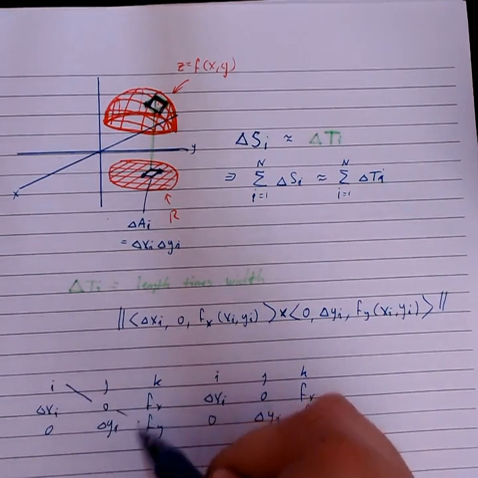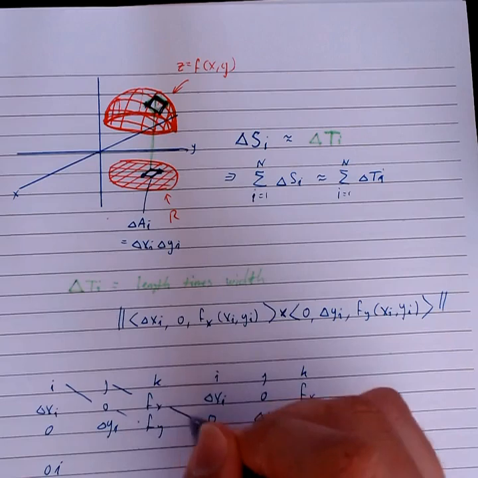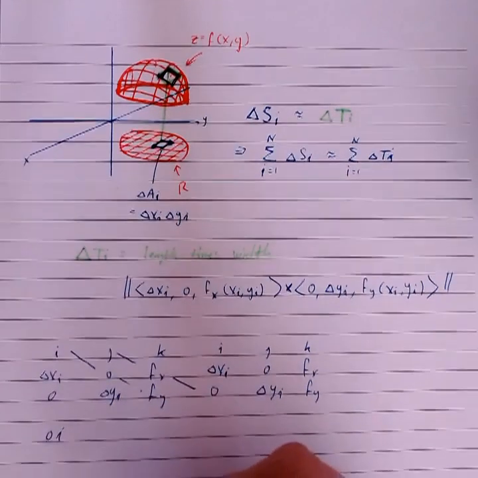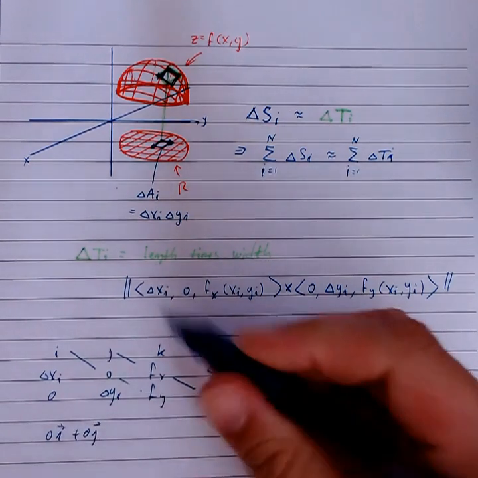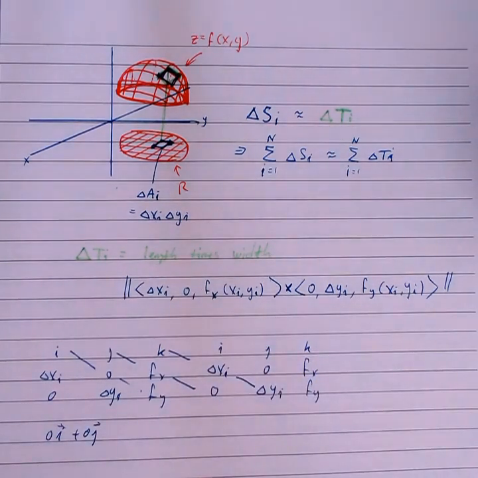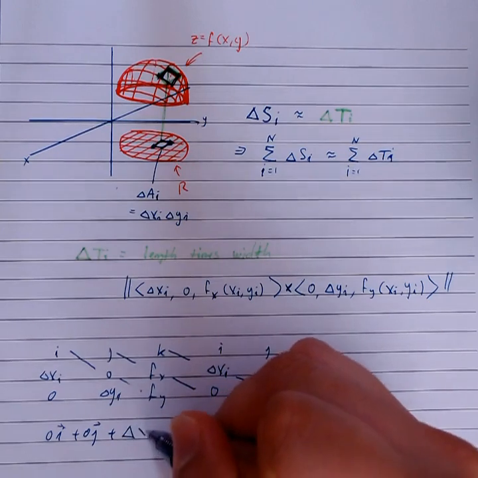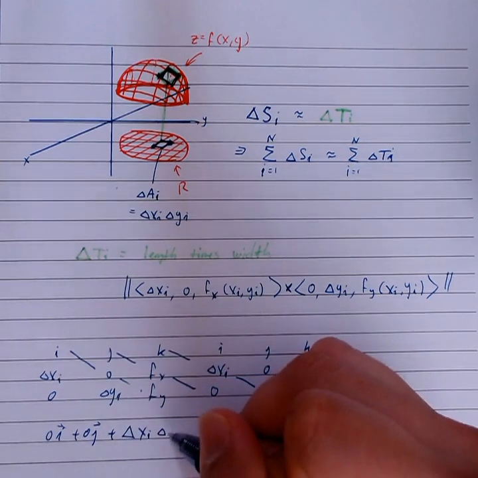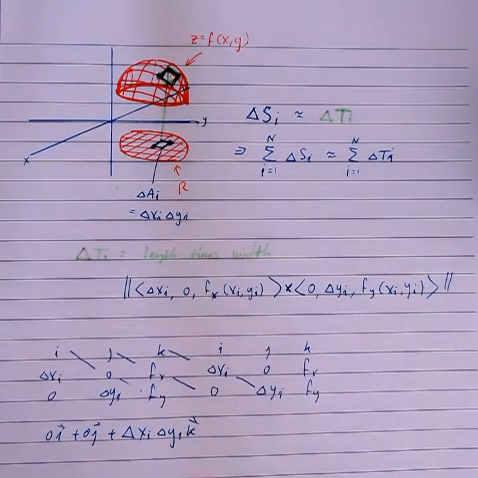Well, that's 0, so that's 0i. This one here, that's also 0, so that's 0j. And this one is going to be delta x sub i, delta y sub i. That's the only one that's not 0: delta x sub i times delta y sub i k. So the first two are 0.